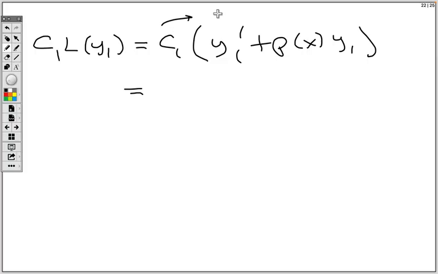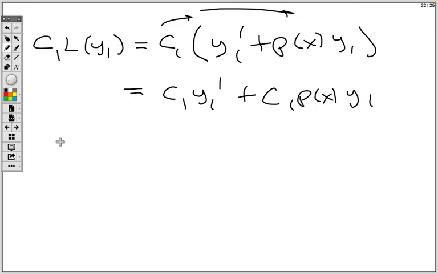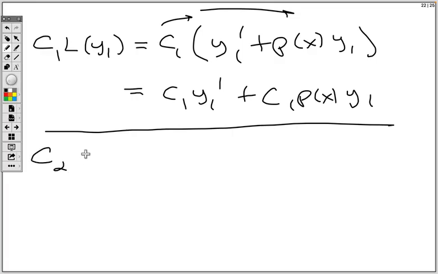And then I could just distribute that constant through. And then likewise, c2 L of y2 would be just the same, except I just have a subscript of 2 now running around.